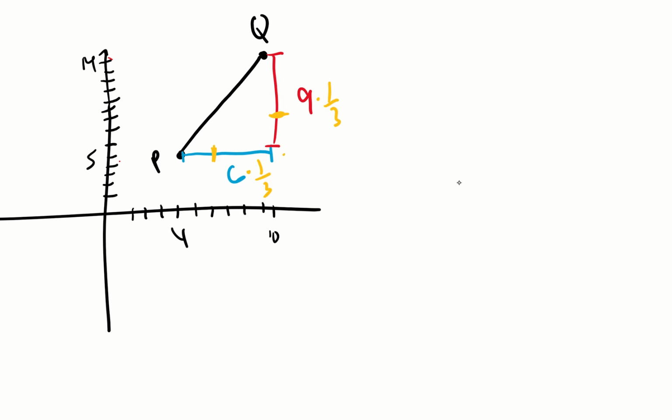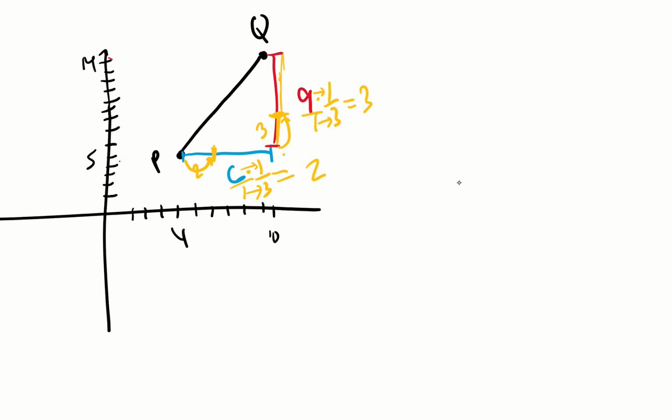So 1/3 of 6 is equal to 2, because 6 times 1 is 6, 1 times 3 is 3, and 6 divided by 3 is 2. Put this over 1, this is 9 over 3, which is 3. So that means I'm going to slice this 3 units in, and then obviously the rest is going to be 6, because 6 plus 3 is 9. And then this is going to be 2 in. So I'm going to be moving 2 to the right and 3 up.